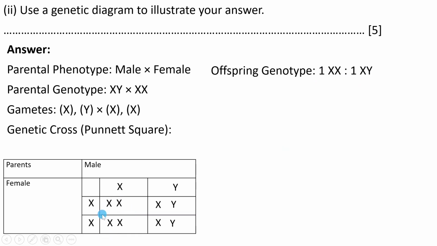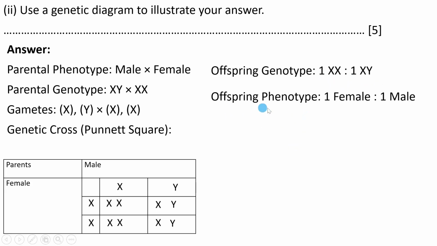We are supposed to have 2XX and 2XY, but because they are ratios, 2 into 2 gives 1, 1. That's why we ended up having offspring genotype of 1XX and 1XY. So what does that mean?